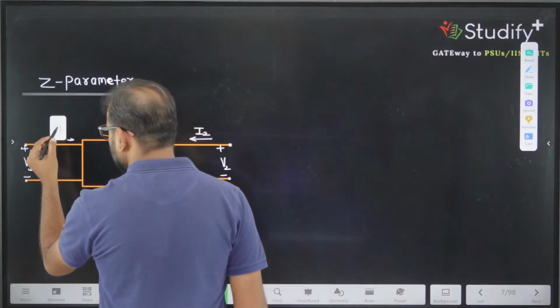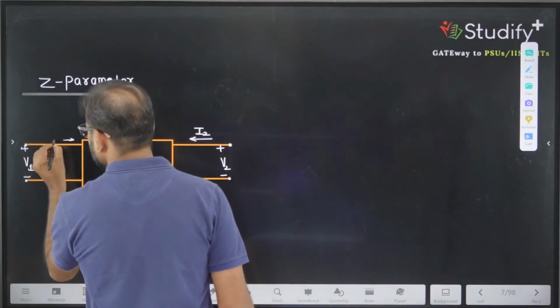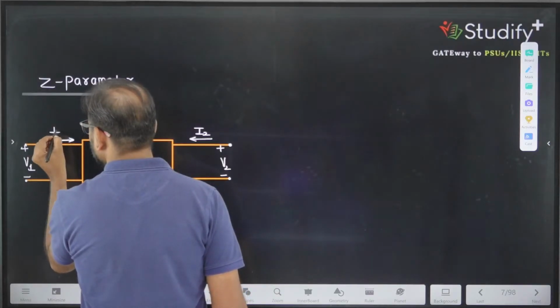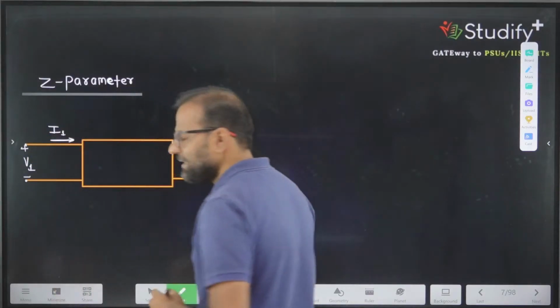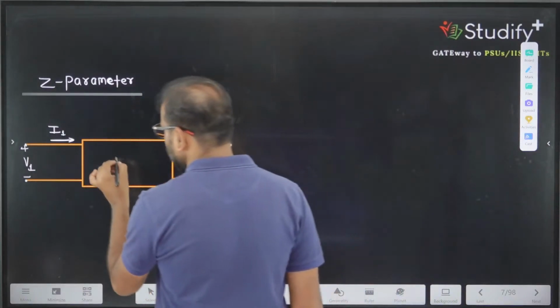Always focus that direction of current is inside the network. And this is our two-port network.